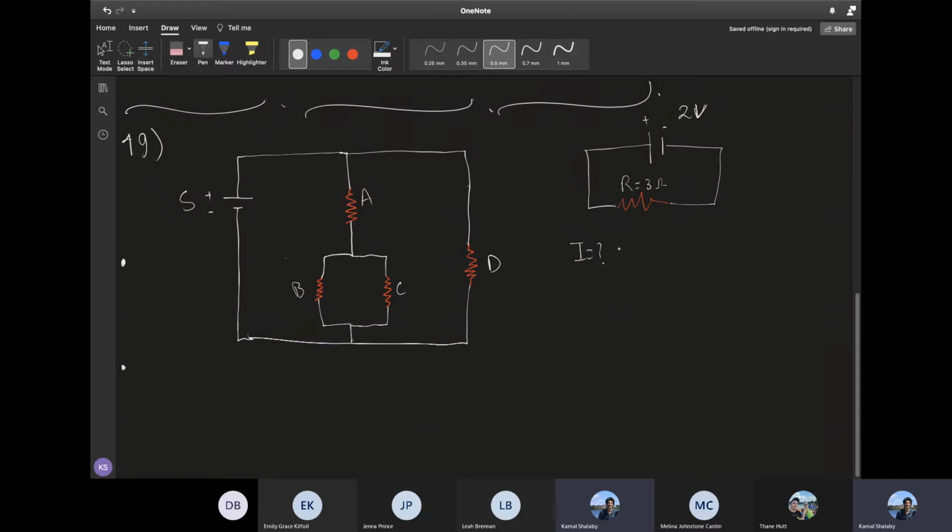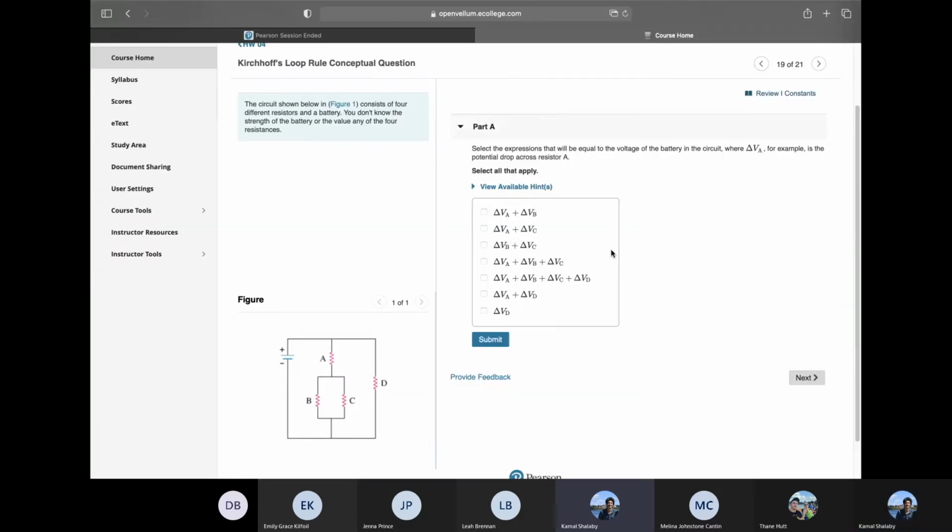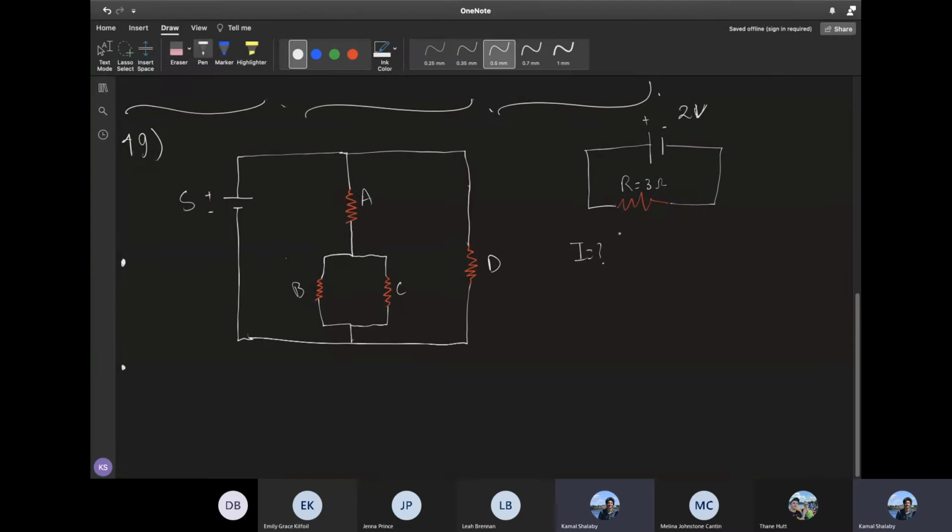Does anyone know what to do? Are we just doing volts divided by the resistance?